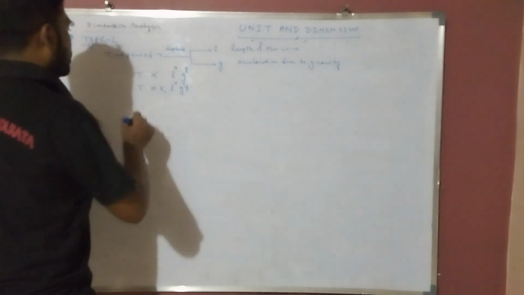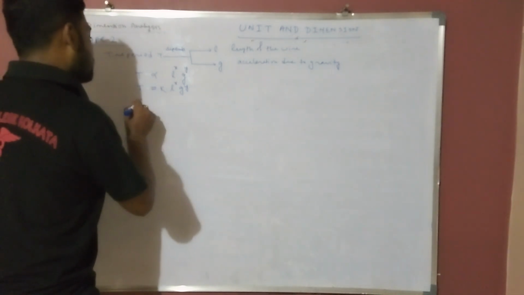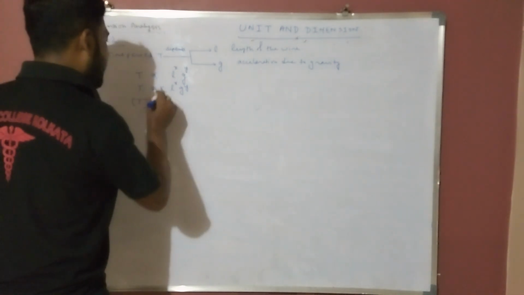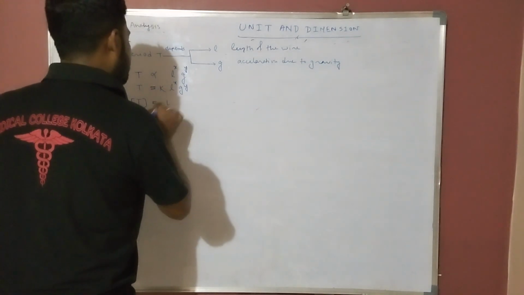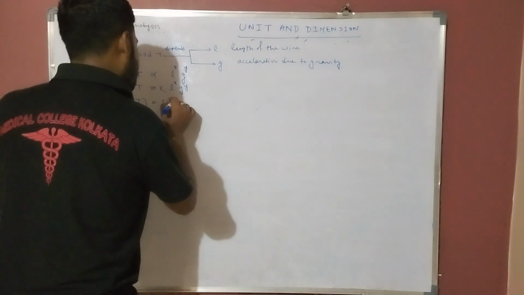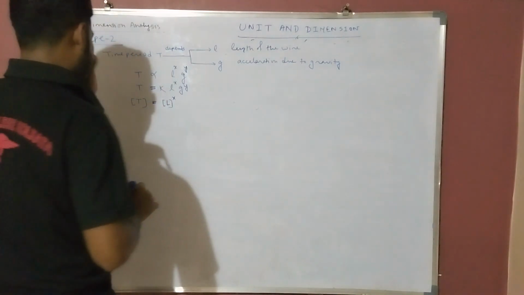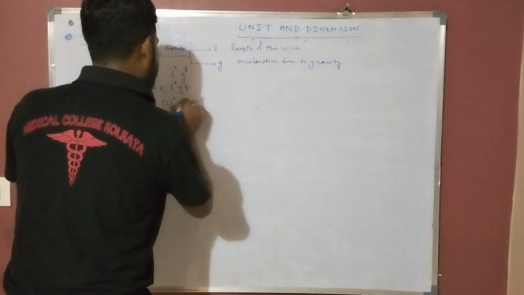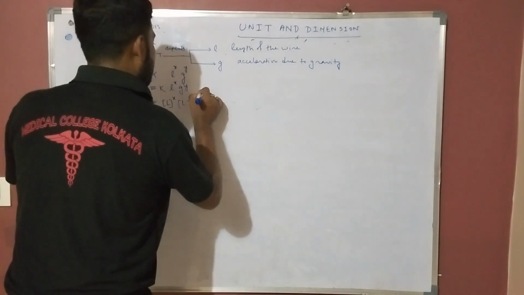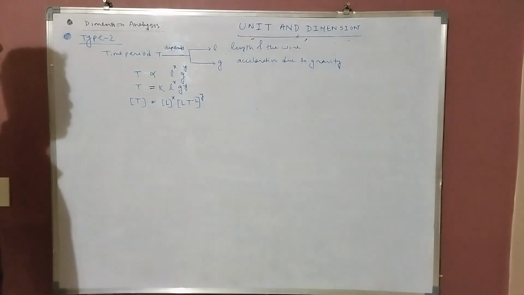So T is time period, so the dimension of T is T. K is a constant, just avoid it. L is length. G is acceleration. The dimension of acceleration is L T to the power minus 2. Understood?